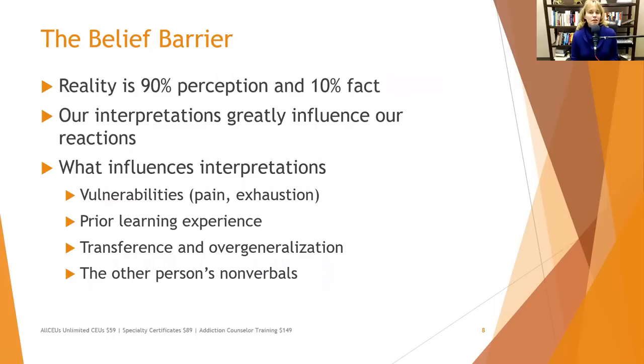Prior learning experiences influence perceptions. So again, what I believe the situation to be may be very different. If you had a boss, for example, or let's take it to the home front. If you grew up in a home where there was an active, angry alcoholic and they came home, and if they were angry, it was not safe to be happy or to make noise.